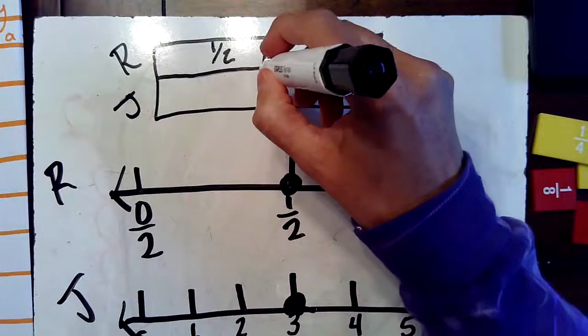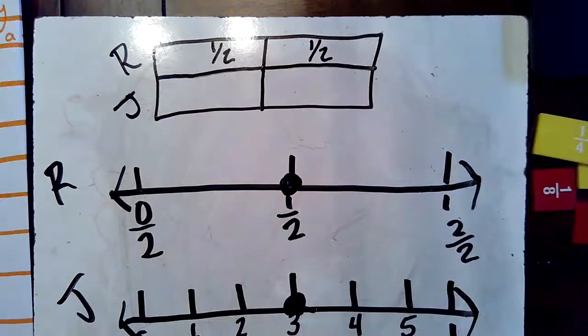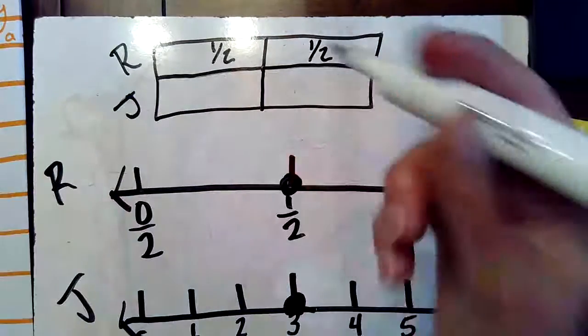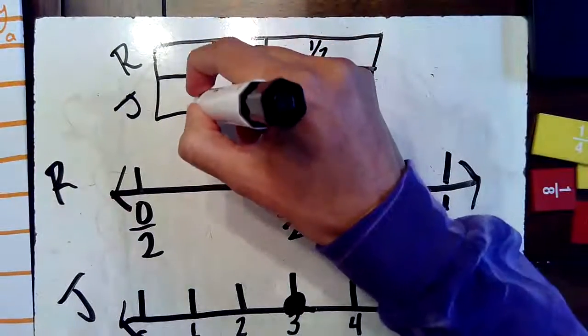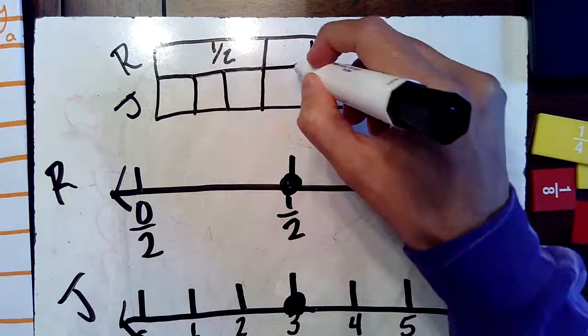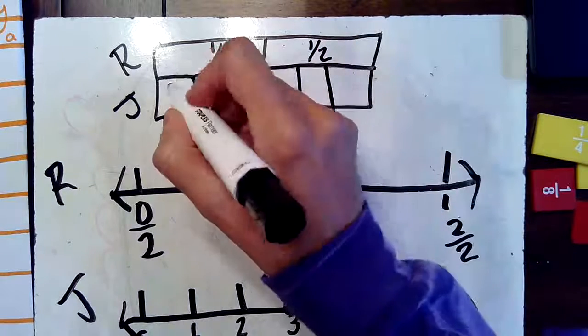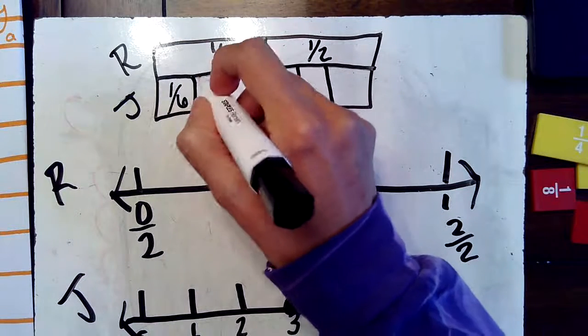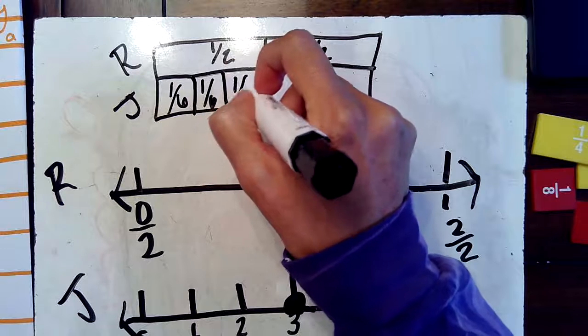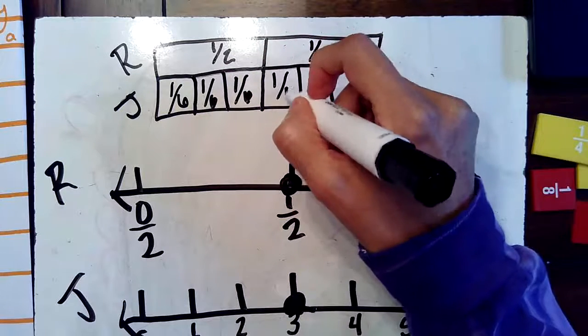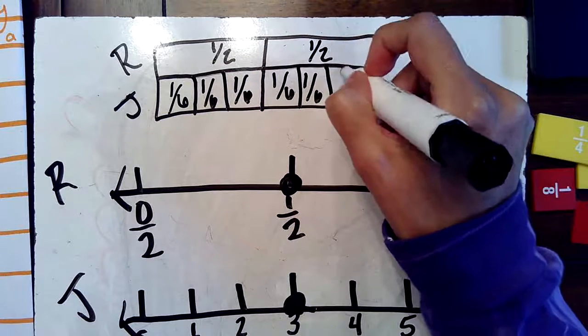And then for Jackson, just like we did on the number line, I'm going to divide it in half and put 3 parts on each side, and that will be 2 lines. 2 lines here, 2 lines here, and then I'm going to label 1/6, 1/6, 1/6. A little hard to see, I'm sorry. 1/6, 1/6, and 1/6.